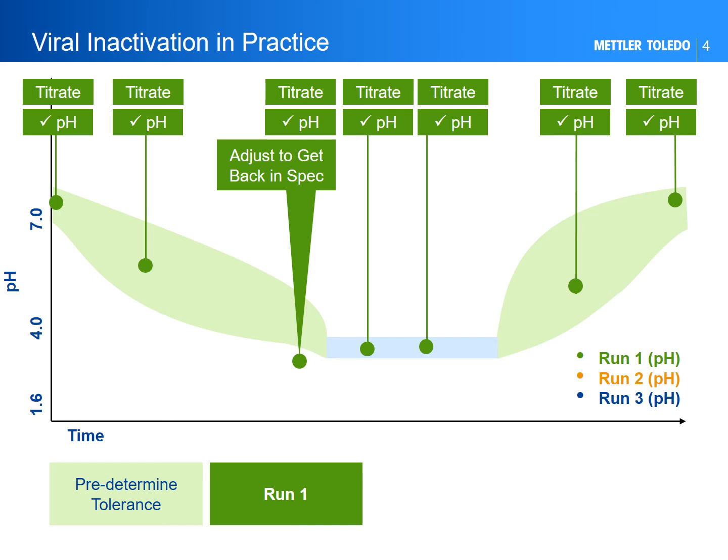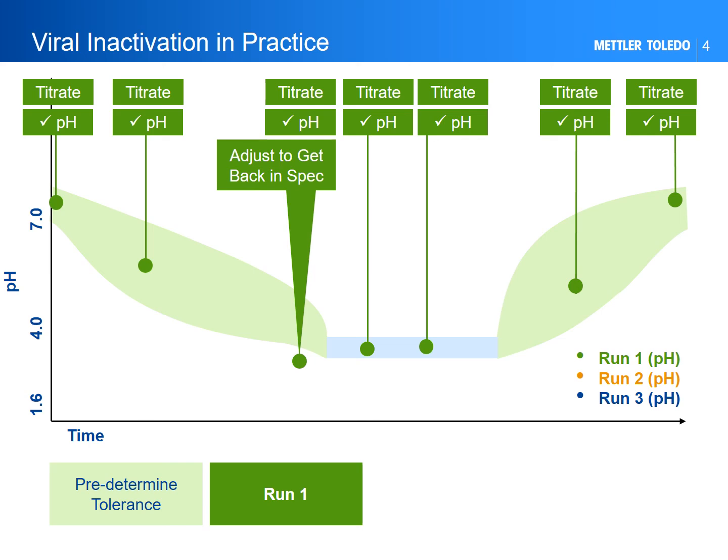The process is then repeated en route to a target pH, commonly around pH 3.5. Once at the target, the pH is held for a time-based inactivation of viral particles and then eventually reverse titrated back to a physiological or operational pH.